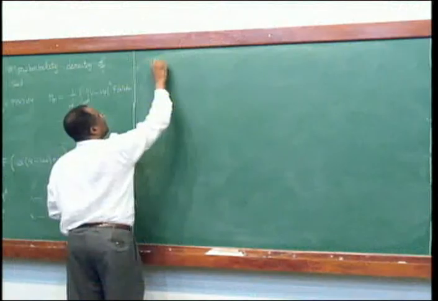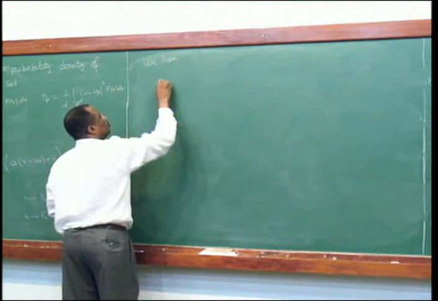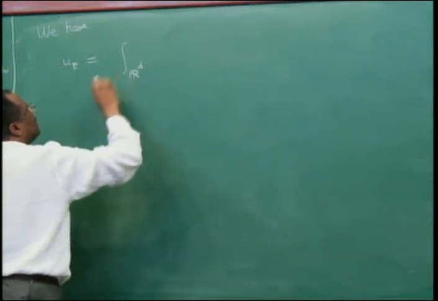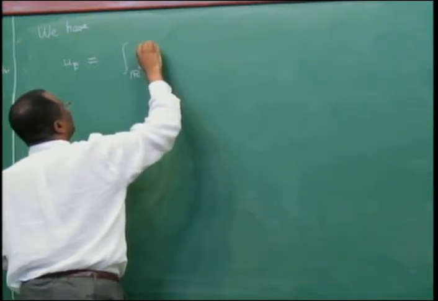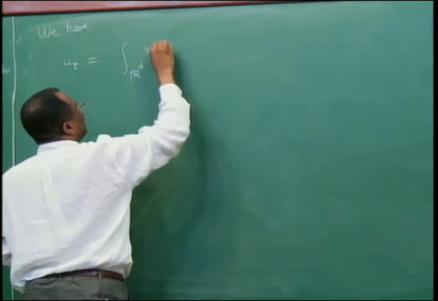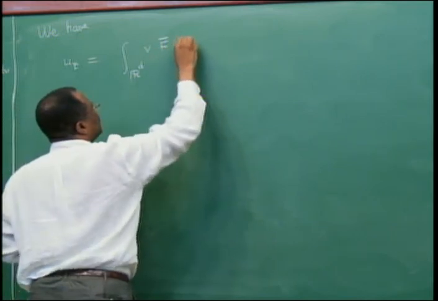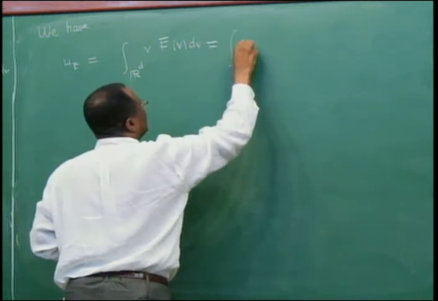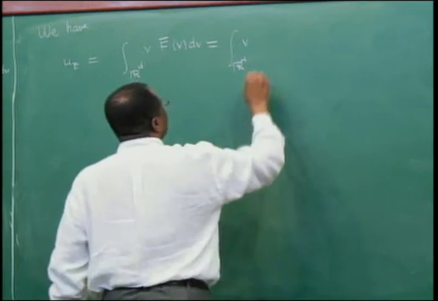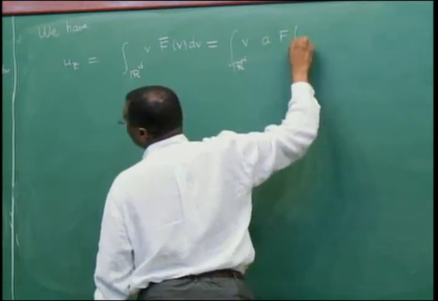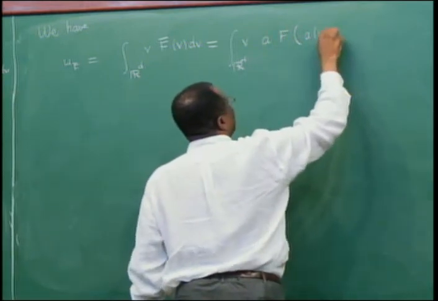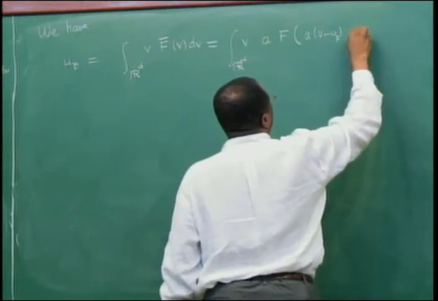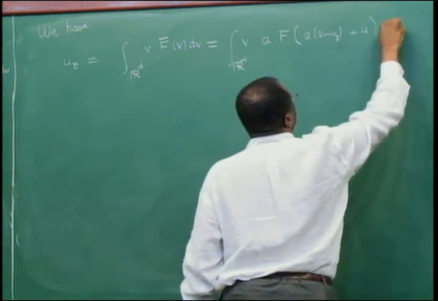We have u_f̄ is the integral over R^d of v f̄(v) dv. This is the integral over R^d of v, and f̄ I will replace by a^d f(a(v − u_f) + u) dv.